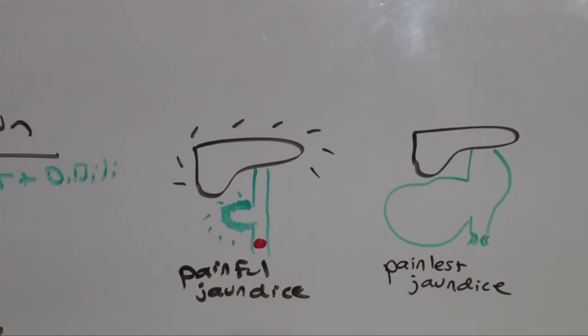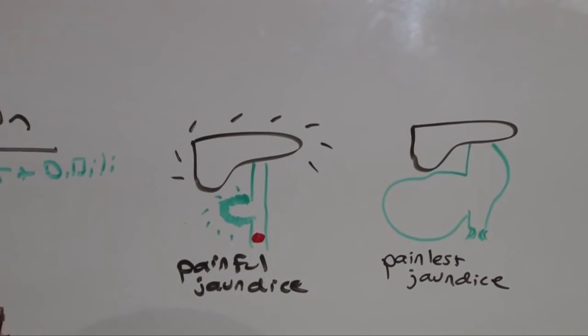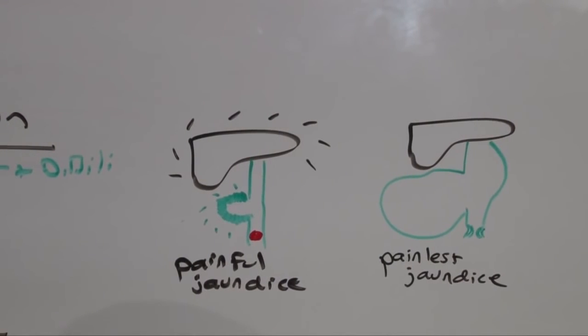So when you see elevations in alk phos and D. bili, your next step is to try to decide, is it painful and acute inflammation, or is it painless and a chronic developing process? Both are going to be assessed in the same way. Both are going to be managed in the same way, except in the case where that acute inflammation needs to be relieved immediately with emergent ERCP.